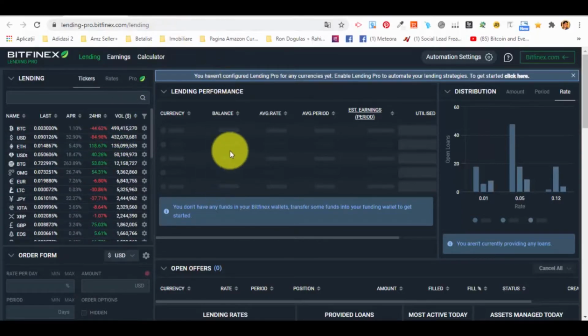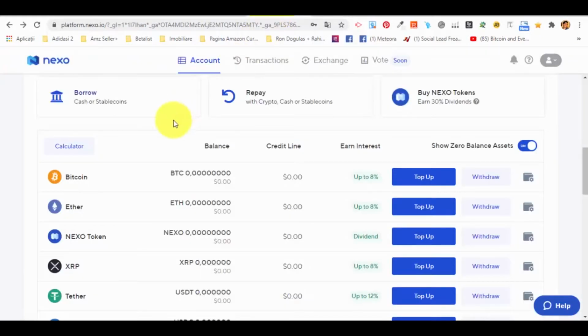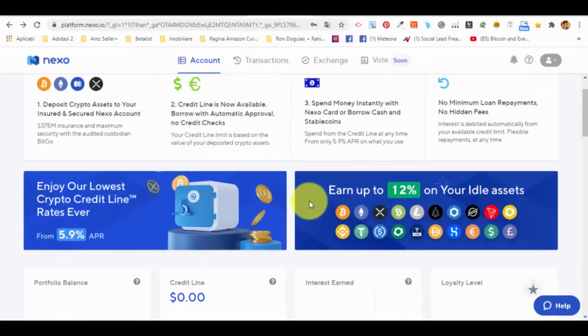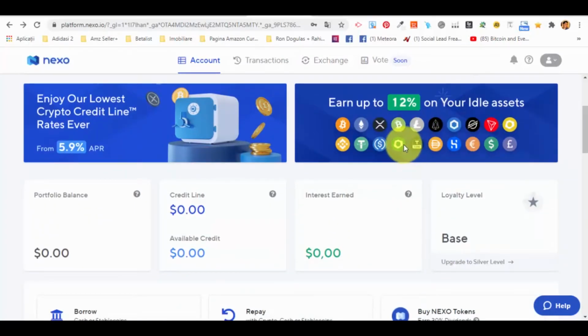Now, another platform where you can lend is Nexo, which is a custodian platform regulated by more institutions. Okay, so it's backed or insured by a bigger institution. And what you can see here, we have earn up to 12% on your idle assets, which is a decent number.